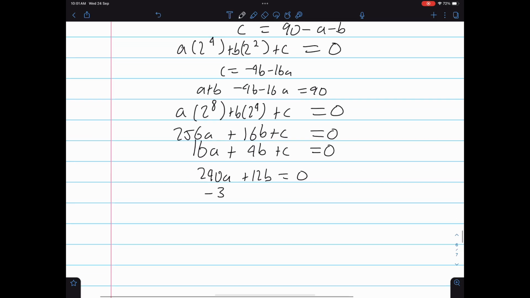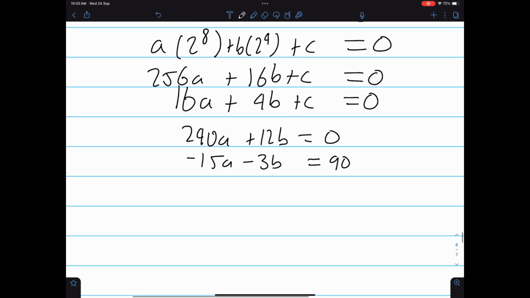So we get minus 15a minus 3b equals 90. Multiply the bottom one by 4, minus 60a minus 12b equals 360.